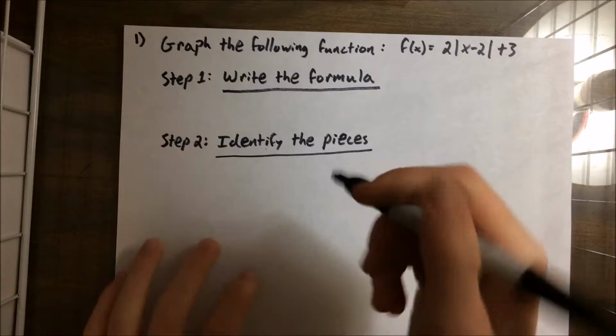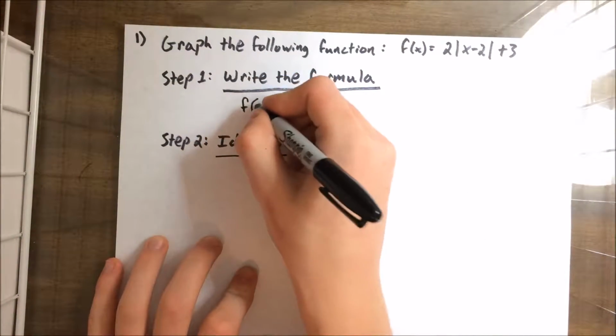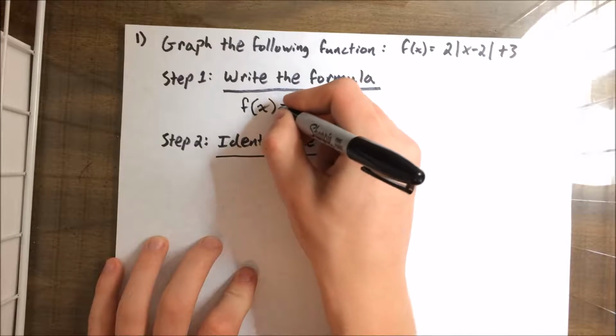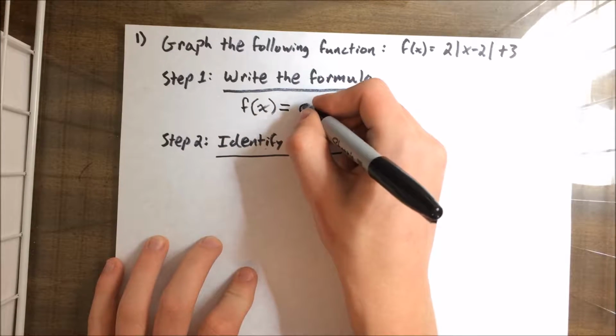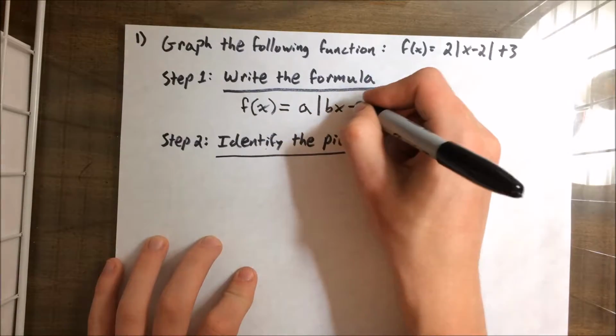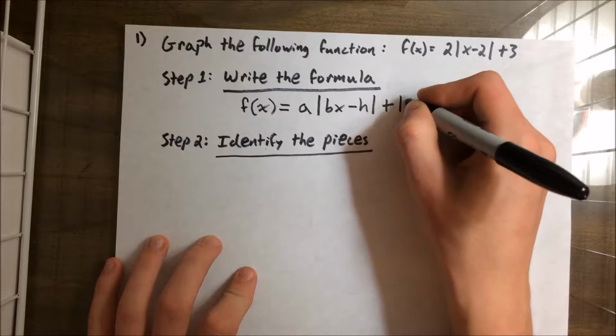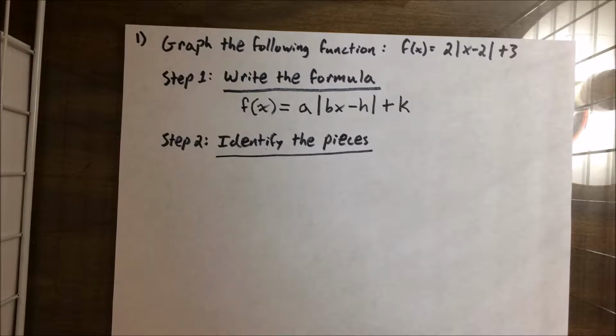So the general form, or the formula, is f of x is equal to a times the absolute value of bx minus h plus k.